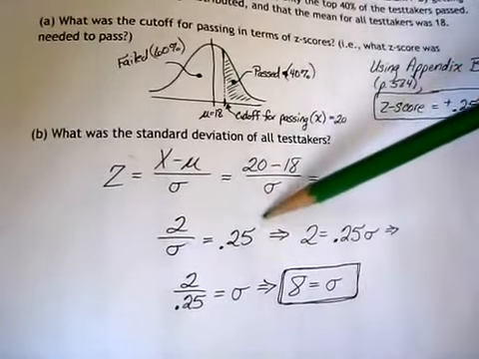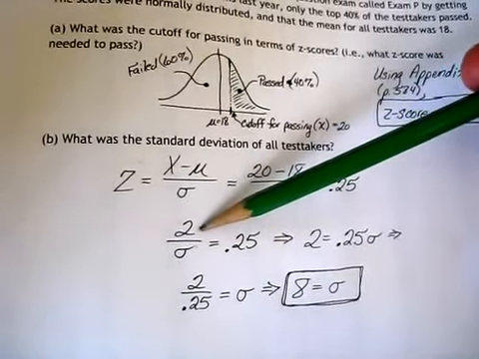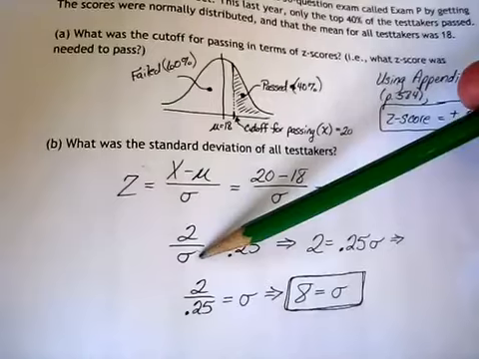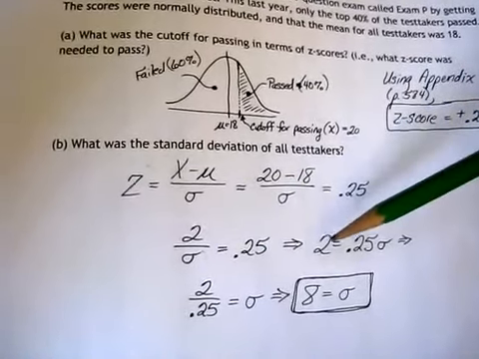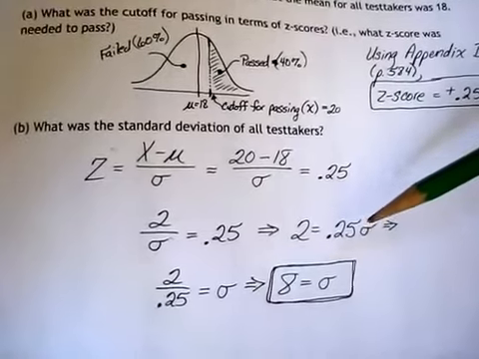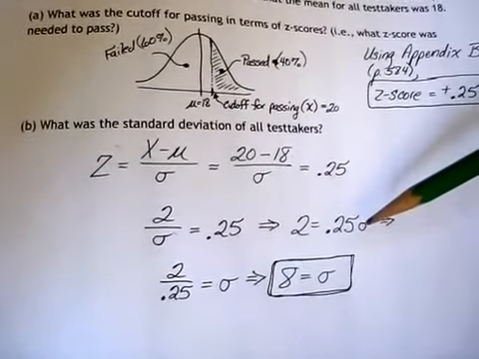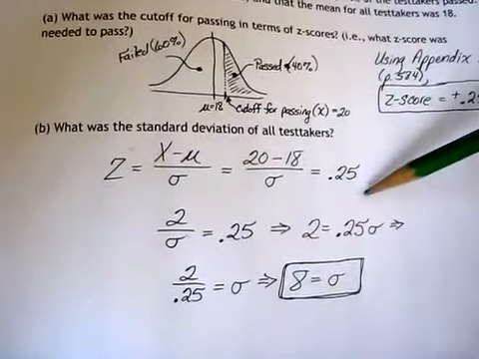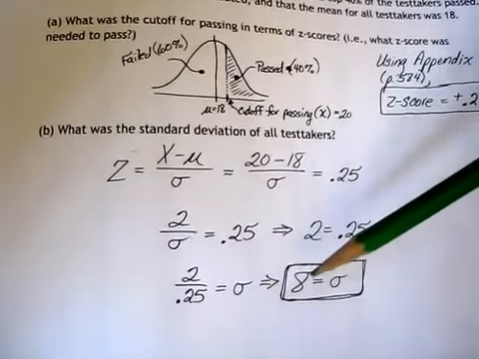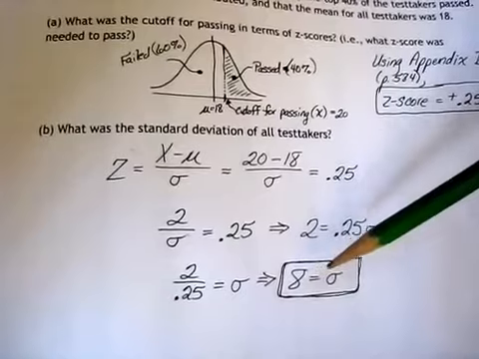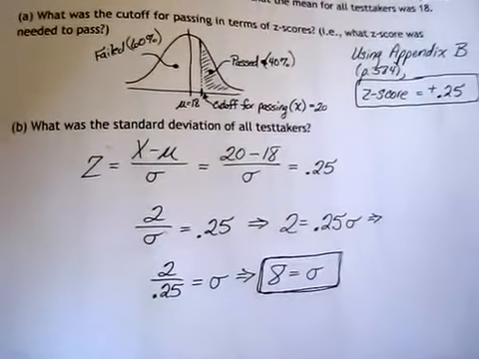So we set up 20 minus 18 gives us 2, multiply both sides by the standard deviation. So on the left we have 2, on the right we now have 0.25 times the standard deviation, and divide both sides by 0.25. That gets the sigma all by itself, and we have 8 equals the standard deviation.